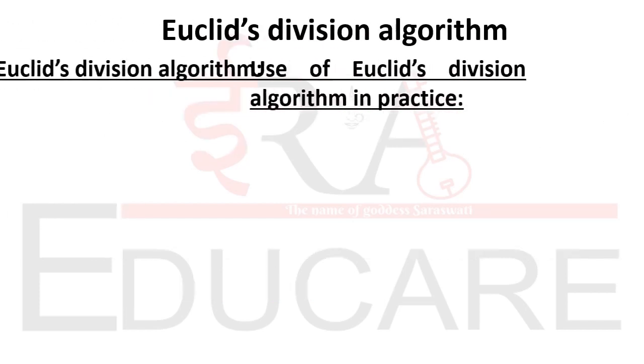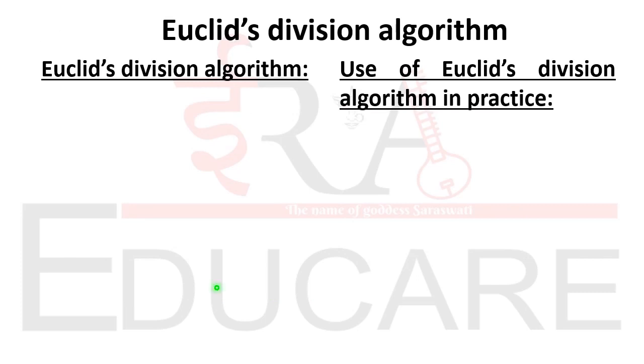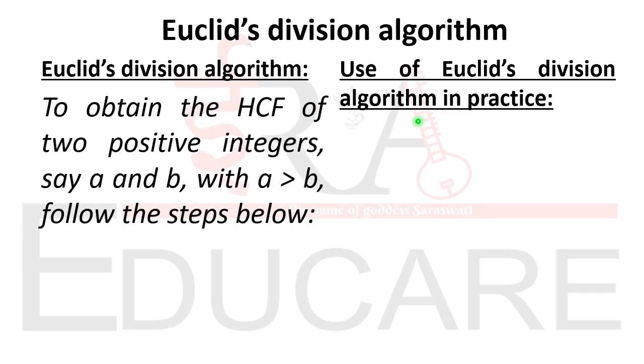Now, Euclid's division algorithm. What is the use of Euclid's division algorithm in practice? To obtain the HCF of two positive integers, say a and b, with a greater than b, follow the steps below.